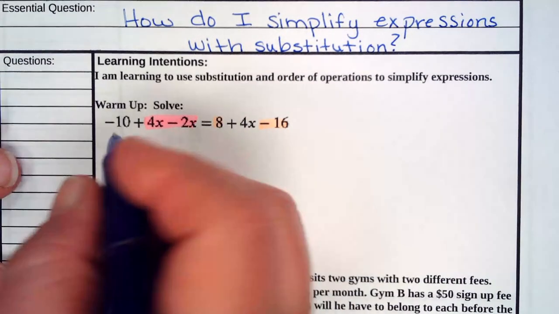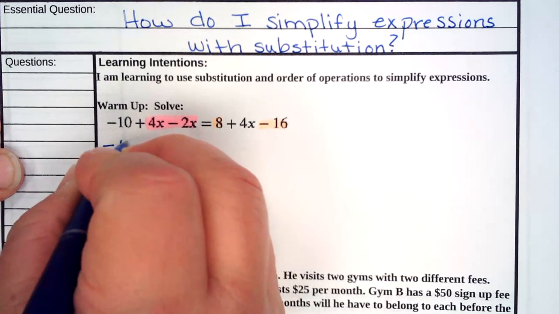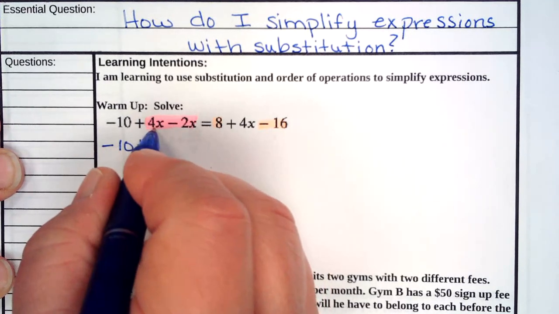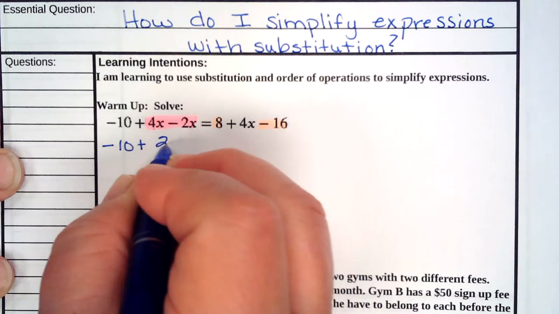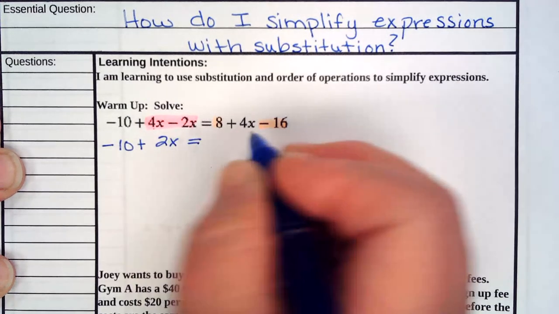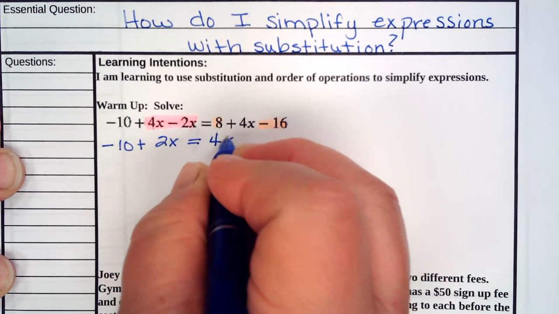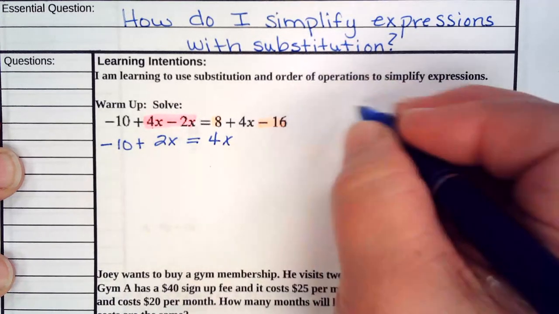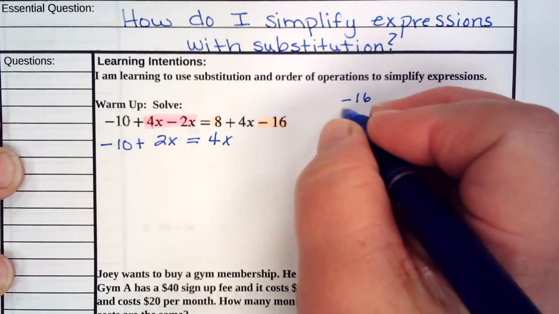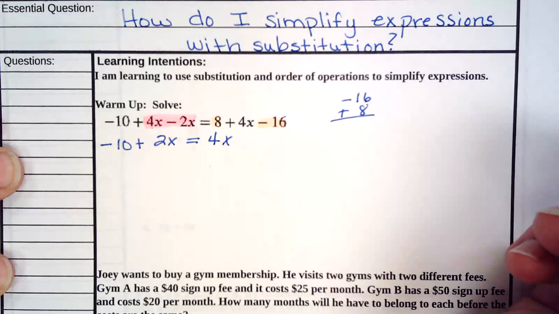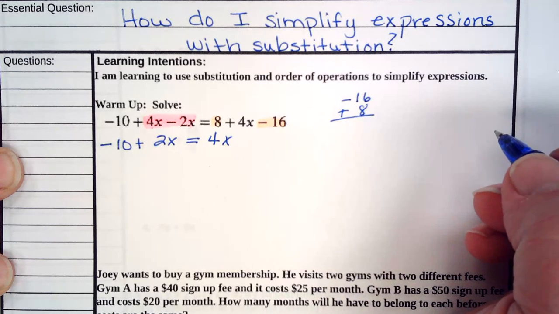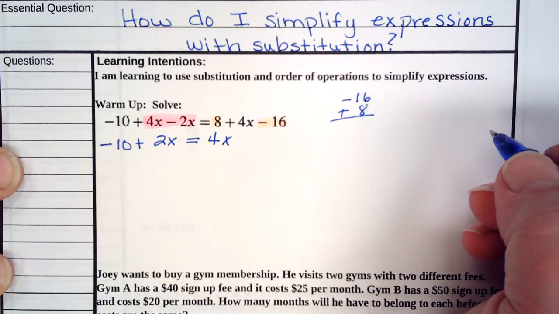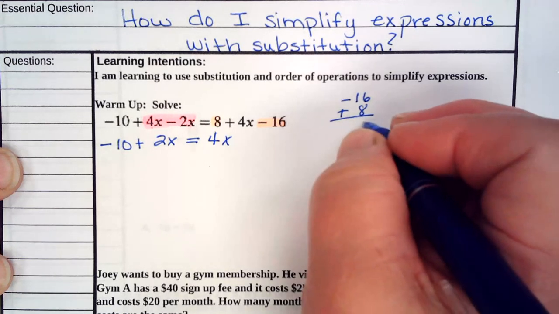So I've got negative 10 plus 4x minus 2x is 2x. It is equal to 4x. I've got negative 16 plus 8. They're opposite signs, so I subtract. 16 minus 8 is 8.